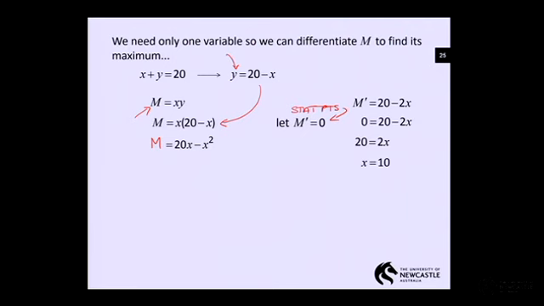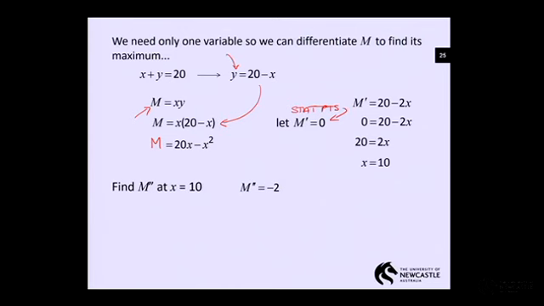To prove that, you do the second derivative. So the second derivative, when X is equal to 10, you go back to the statement. Now it says here that the second derivative is minus 2. It doesn't matter what X value you put in, the second derivative is always negative, which means this was always in a concave down phase.